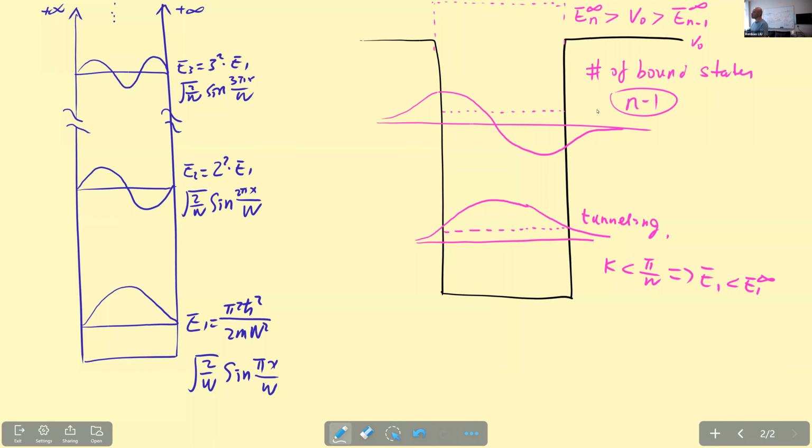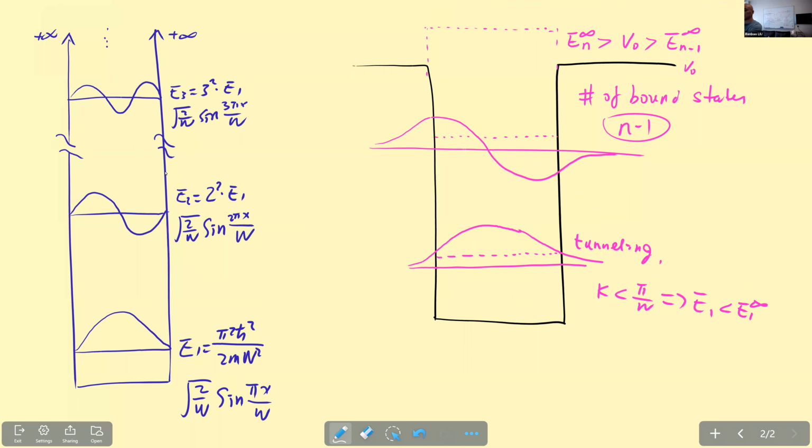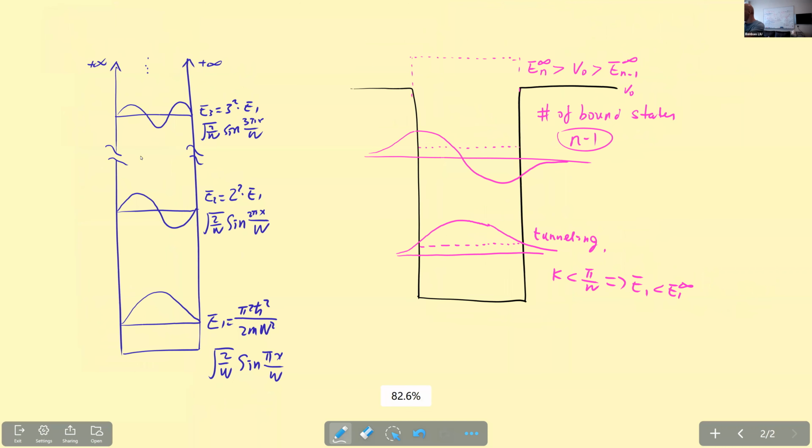Right, so it's very easy to count the number of states. You can always find a solution using the graphical method, right? All right, so that's the general feature we have learned about the infinite quantum well and the finite quantum well.